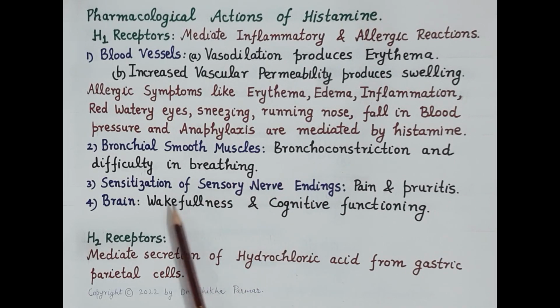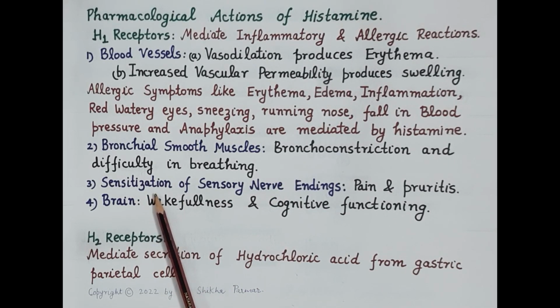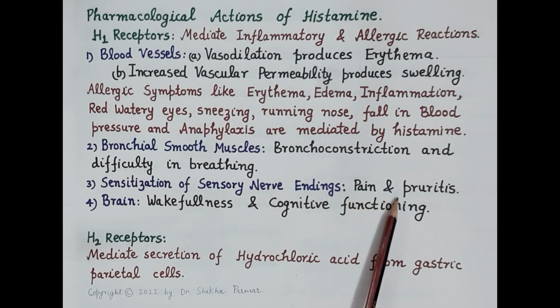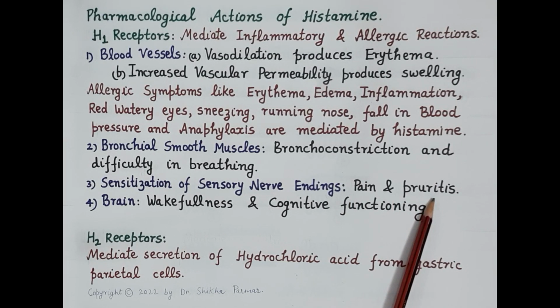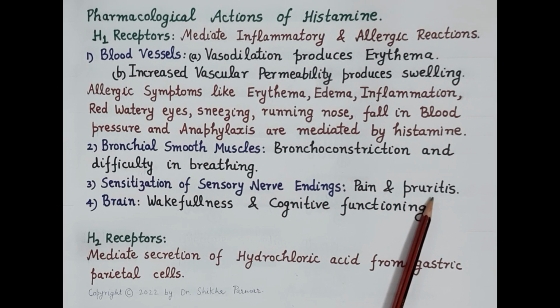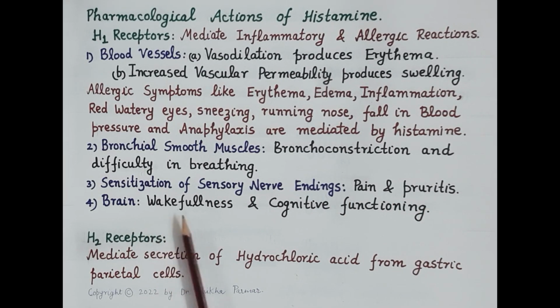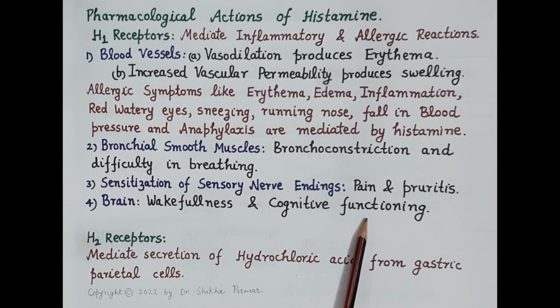Now, histamine sensitizes H1 receptors on sensory nerve endings in the skin, and this produces pain and pruritus. Pruritus is itching. And these are the symptoms of allergic skin rashes, urticaria, etc. Now, histamine in the brain produces wakefulness and regulates cognitive functioning, all mediated by histamine H1 receptors.